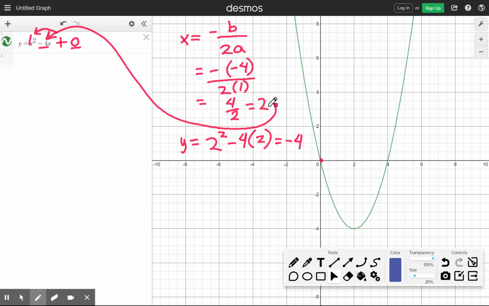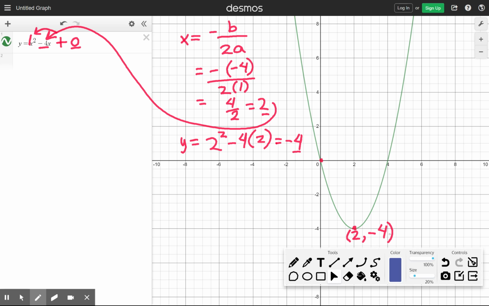So our vertex has an x value of 2, a y value of negative 4, and here you can see it. Over 2, down 4. Here's our vertex, our ordered pair of 2, negative 4.